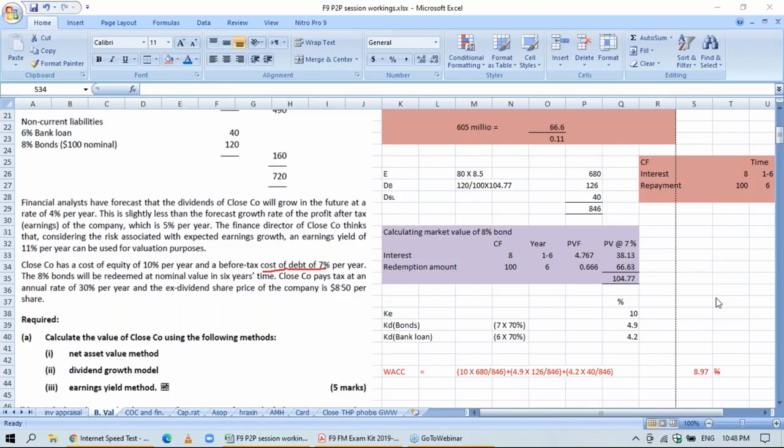See, if you are given before tax cost of debt and you use it, then no need to deduct tax from the interest. So you will get the same answer, right?